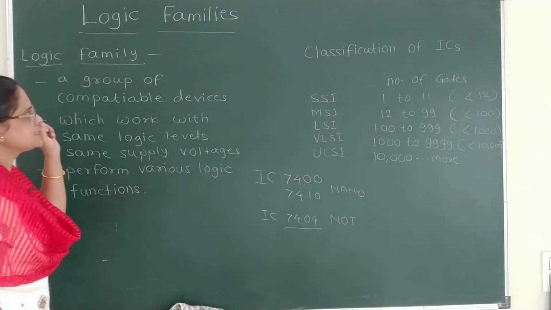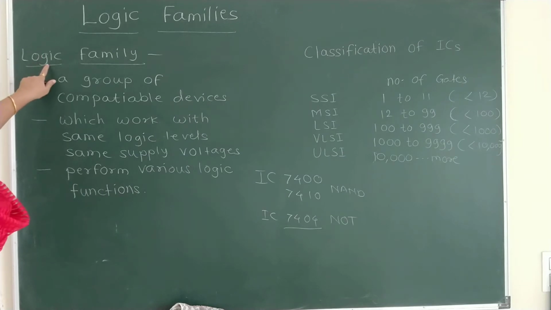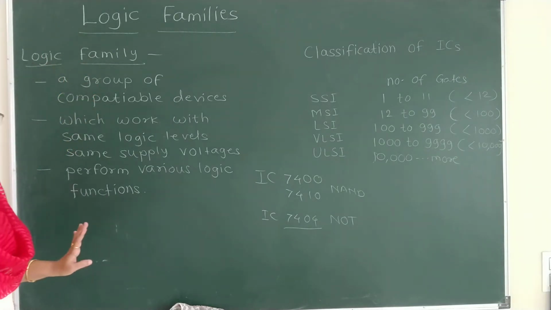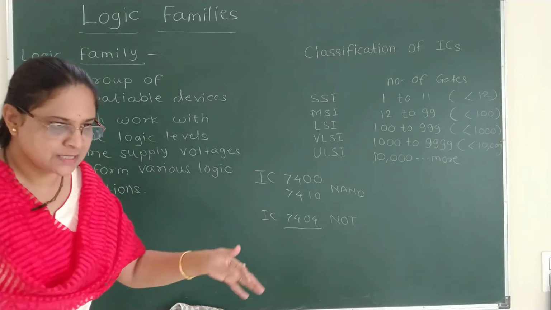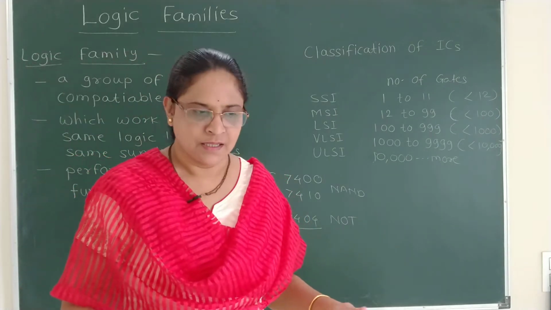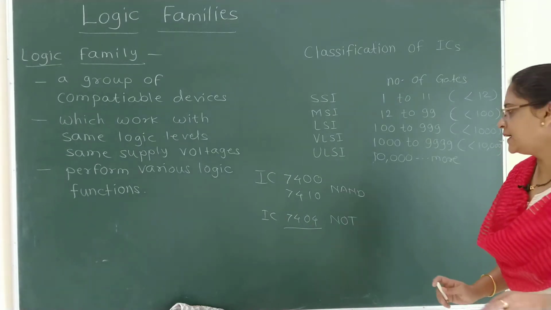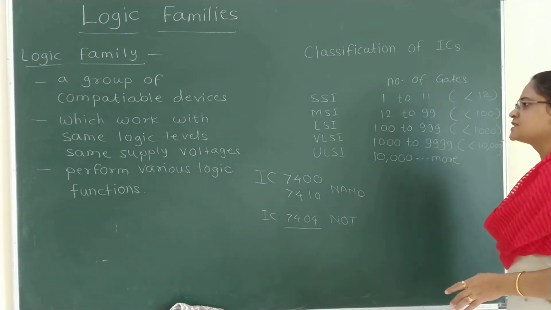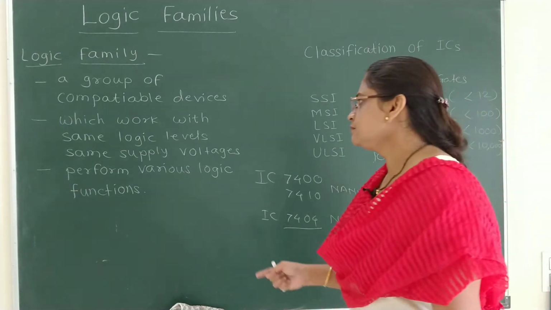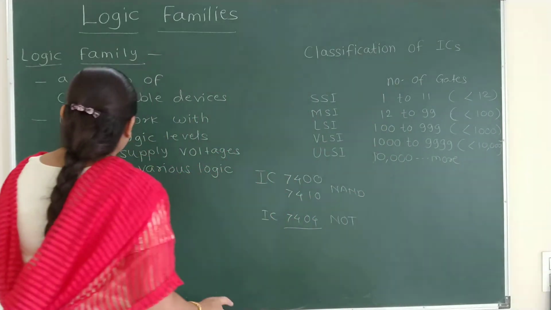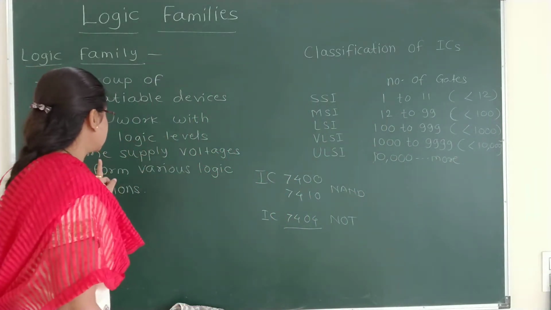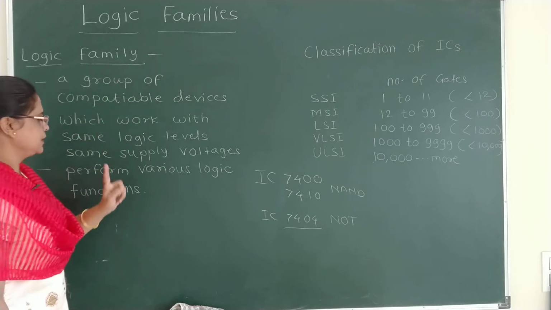So first, let's start with the meaning of logic family. What is a logic family? Family means many members, correct? Whenever a group of digital compatible devices works with the same logic levels and the same supply voltages, that is considered a logic family.